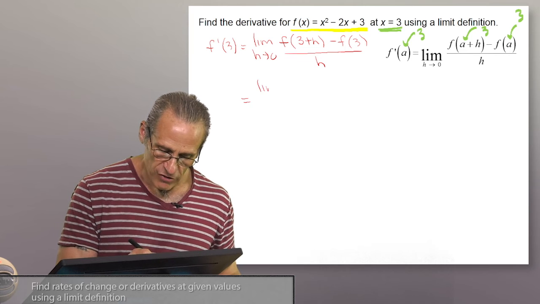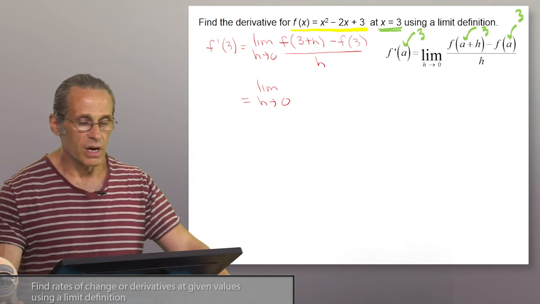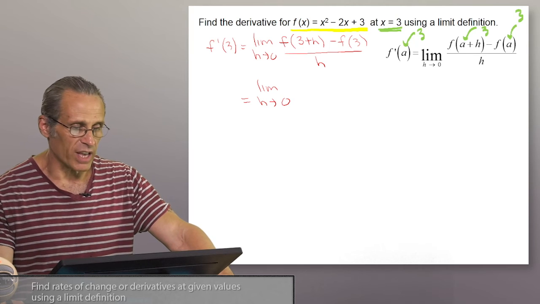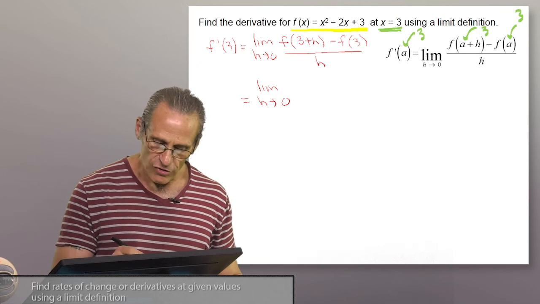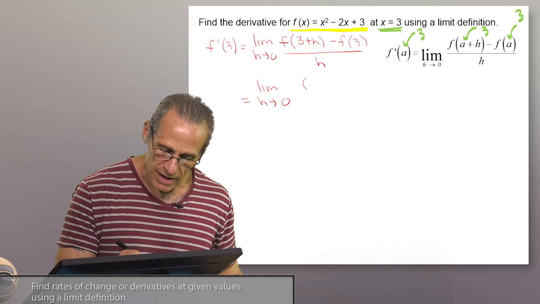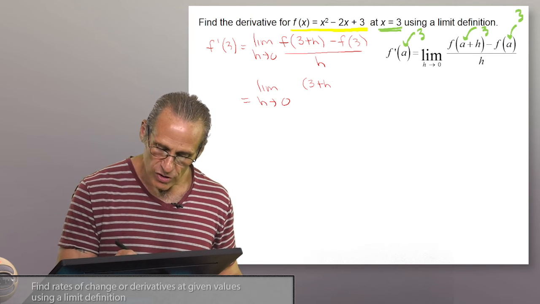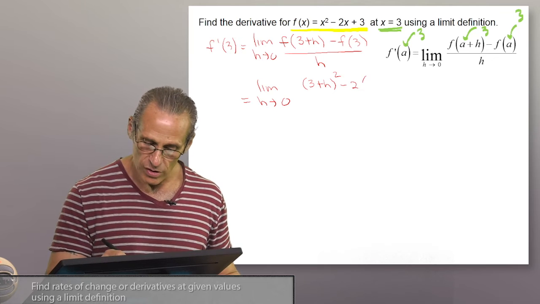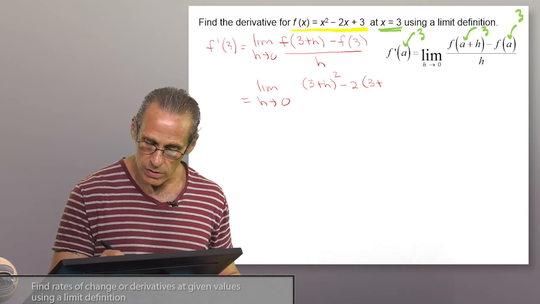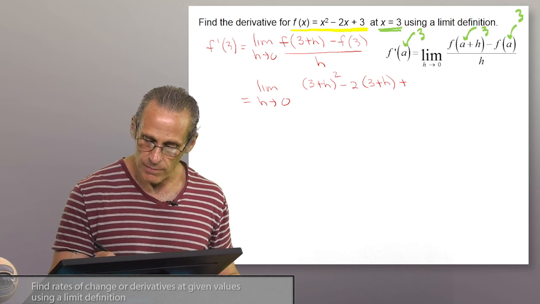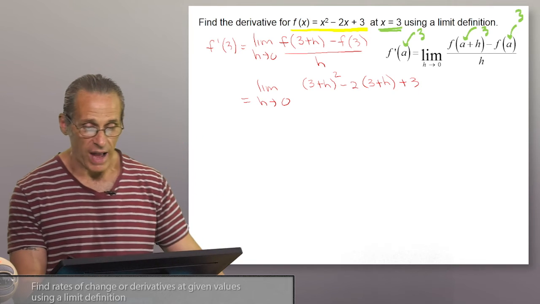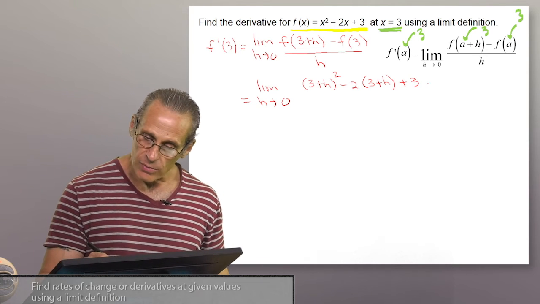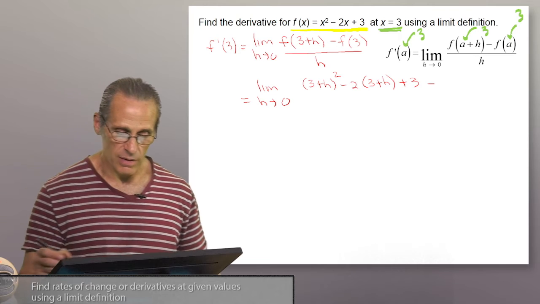So I have the limit as h goes to 0, and in my function, I'll replace x with 3 plus h. So instead of x squared, I'll have 3 plus h squared minus 2, instead of x, 3 plus h, and then plus 3. And now I'm going to subtract f of 3.